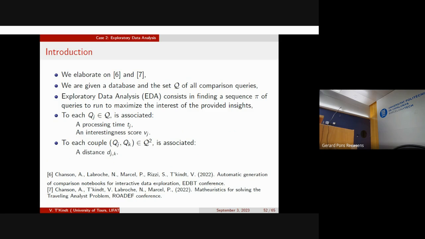So for some queries, it's easy to understand that, okay, I do k after g, that makes sense. Sometimes it can be a bit tricky. So what we want to do is to minimize the difficulty of understanding this chain of queries. So we want to minimize the sum of all the distances of the queries, not to do something stupid when we compute this series of queries.